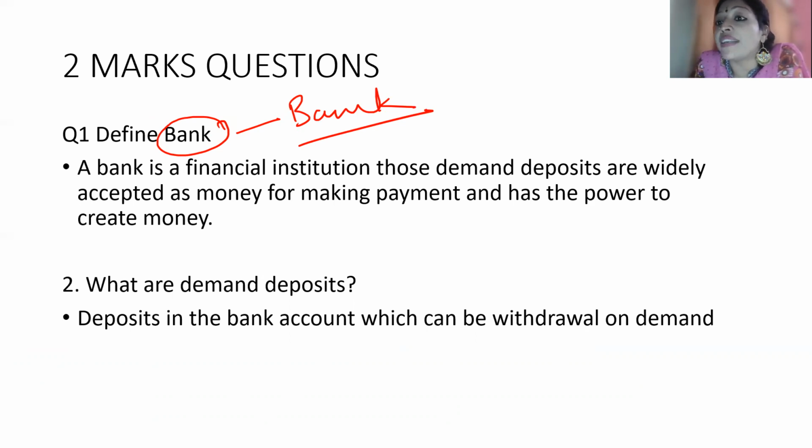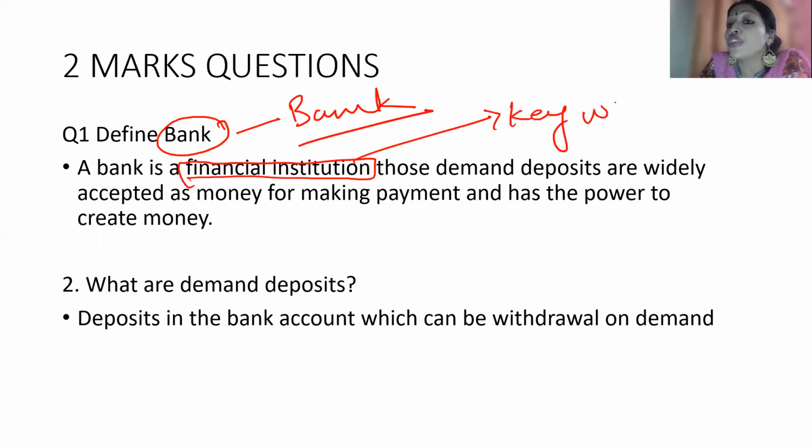A bank is a financial institution. When I say financial institution, this is a very, very important keyword which you need to mention in your answer. So what does this financial institution do? Its demand deposits are widely accepted as money for making payments, and it has the power to create money.